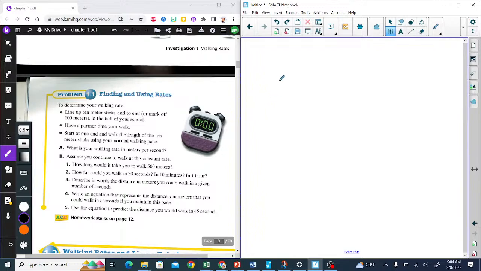What's your walking rate in meters per second? We're just going to assume, let's go with a nice easy number of 3 meters per second. This would actually be pretty fast, but I'd rather use something easy. So how long would it take you to walk 500 meters? Part A, we're saying 3 meters per second. Part B, we're going to do some math.